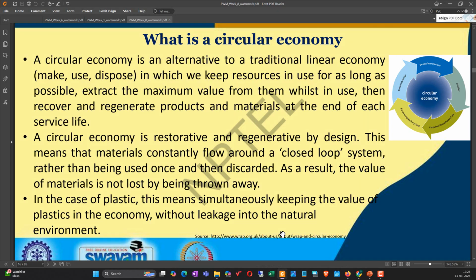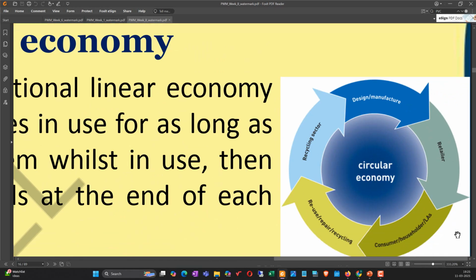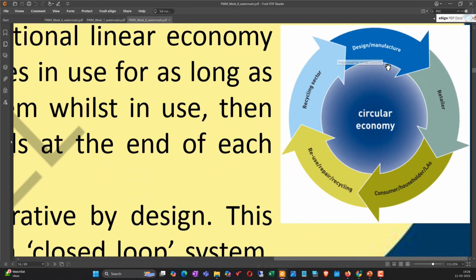So you see the circular economy here. We can expand this particular corner of the slide. So what is the circular economy? Whoever designs and manufactures, it goes to the retailers, then to the consumers and households like us, and it will then be reused, repaired, and recycled.